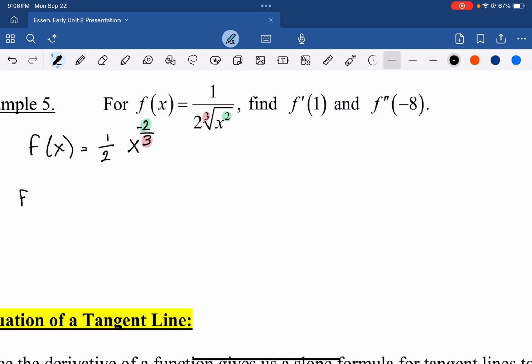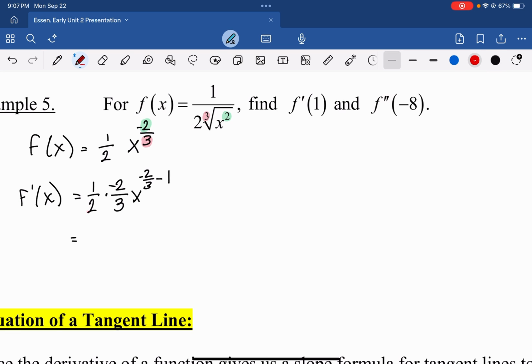So first derivative, 1/2 is going to stay there. And then we're going to drop our power, so our negative 2/3, x to the negative 2/3 minus 1. Now I'm going to simplify. So I have 1/2 times negative 2/3.